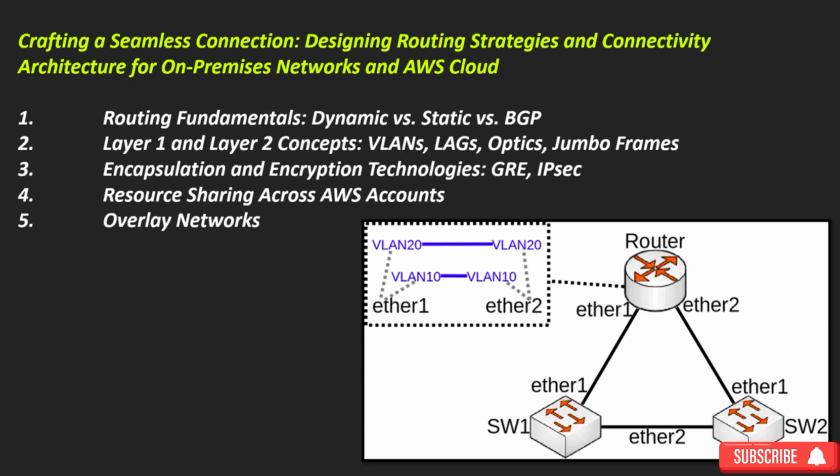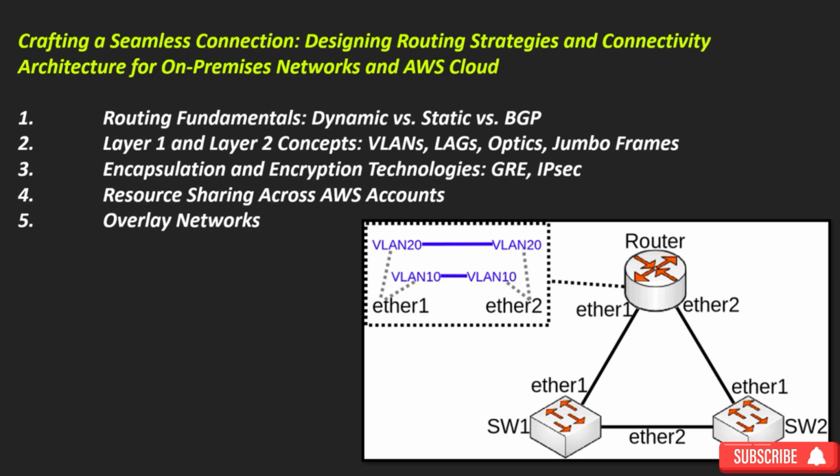Link aggregation groups, LAGs, provide increased bandwidth and redundancy. Optics refer to the use of fiber optics for high-speed, reliable connections. Jumbo frames optimize data transfer by allowing larger packet sizes. So integrating these types of concepts ensures a solid foundation for data transmission.